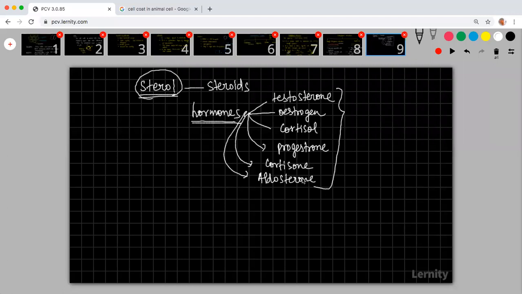So you have different kinds of hormones, which we call steroids. These chemical groups contain cholesterol.